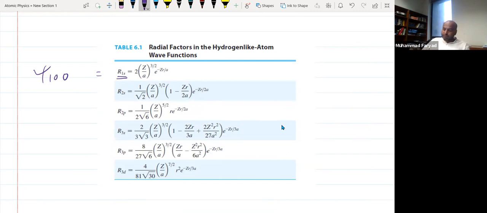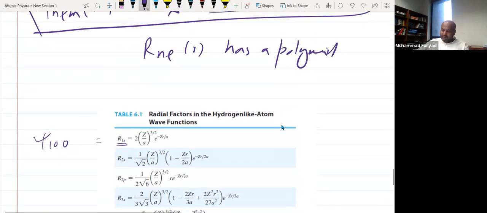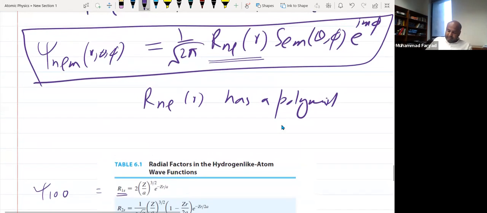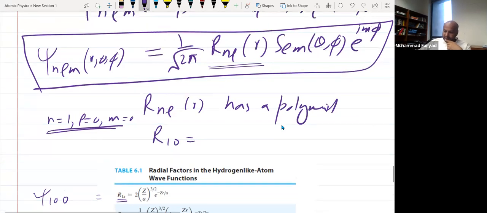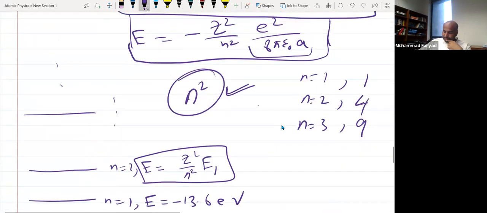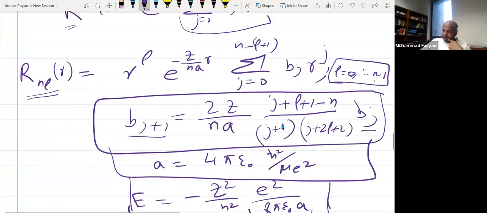So that coefficient b_j has been evaluated. For n=1, l=0, m=0, this function R_10 simply becomes, since j is only 0, b_0 r^0, which is constant, and r^0 is also 1.